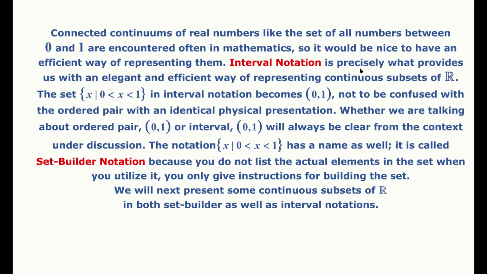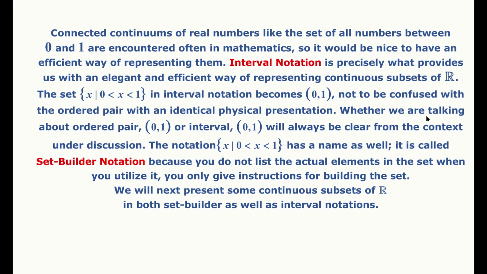And that's exactly what comes in as an elegant and efficient way of representing continuous subsets of R. The set, which can be written using set builder notation like this, all real numbers x such that x is between 0 and 1, in interval notation just becomes a simple parentheses 0, 1 parentheses. This should not be confused with the ordered pair with an identical physical presentation, right?